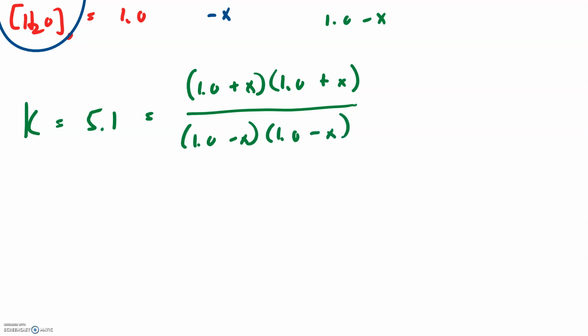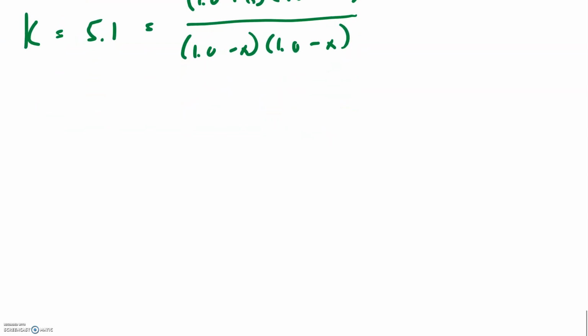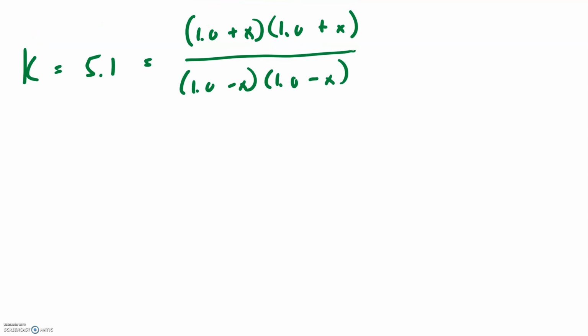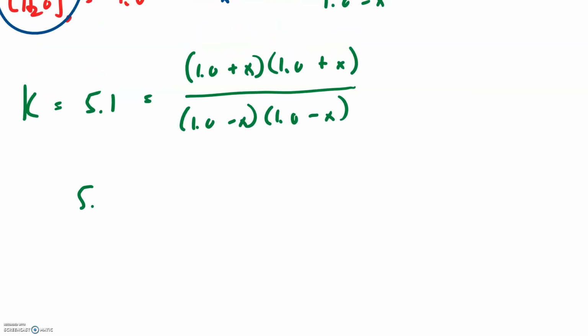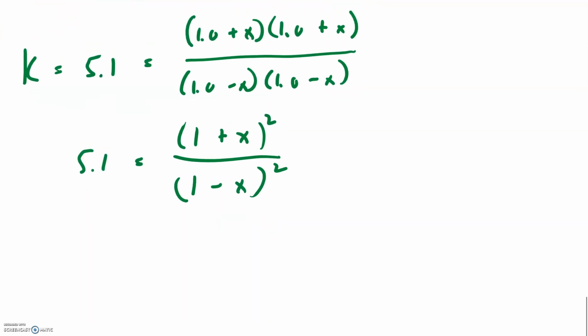And now I'm going to go through the laborious process of solving for x. Obviously, let's try to simplify things a little bit. This is equal to 1 plus x squared, and this is equal to 1 minus x squared.